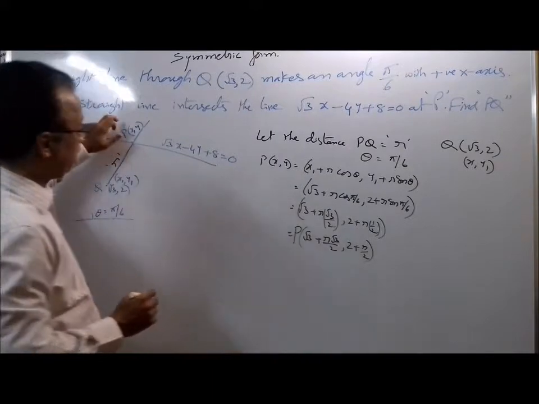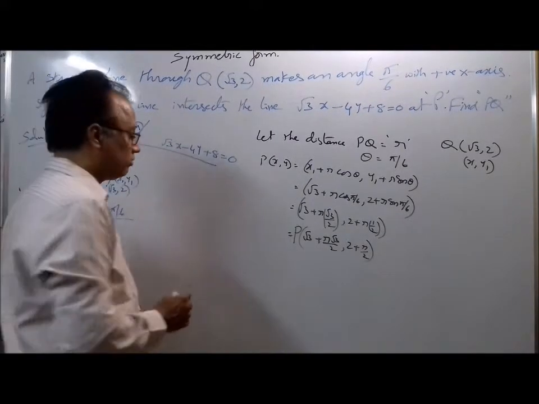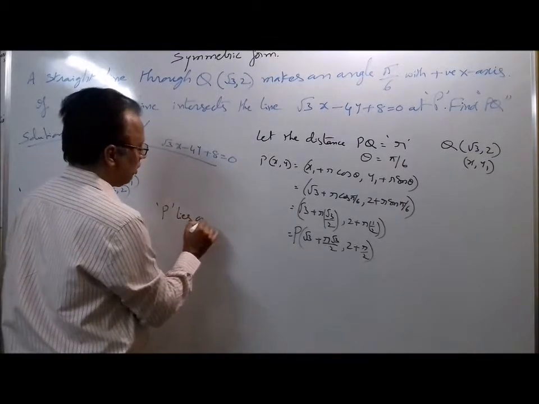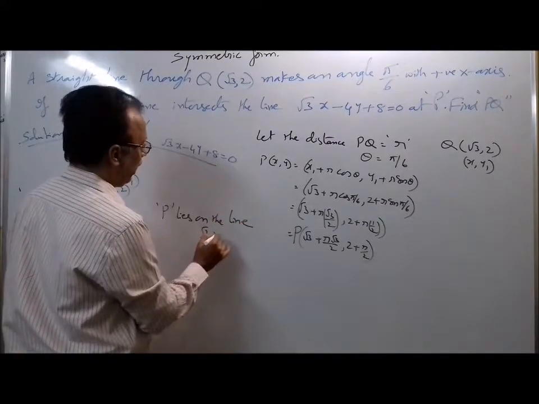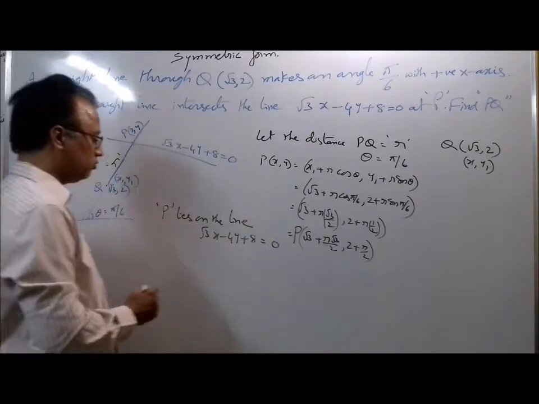Now this point P lies on the line, so it should satisfy. So P lies on the line root 3x minus 4y plus 8 equal to 0.